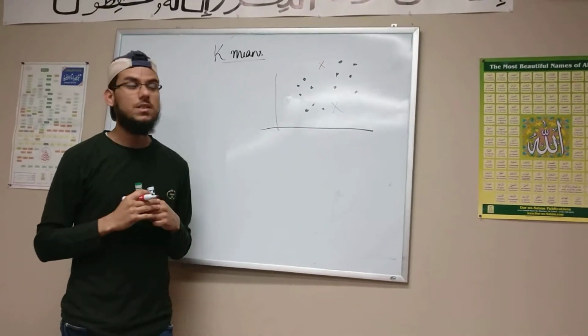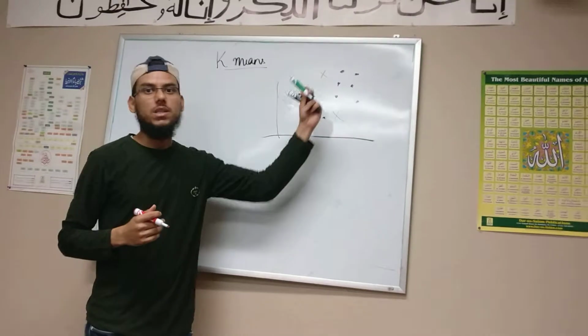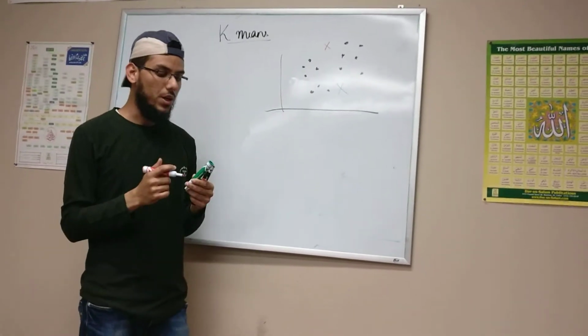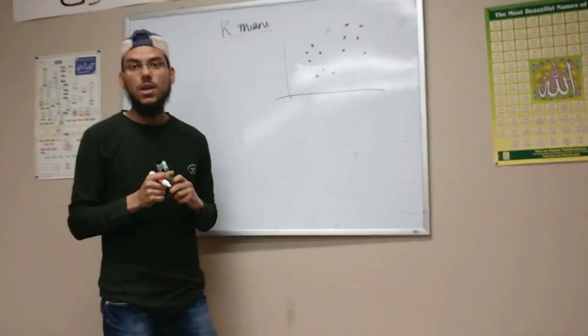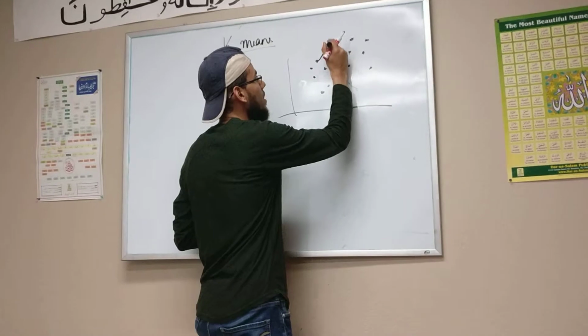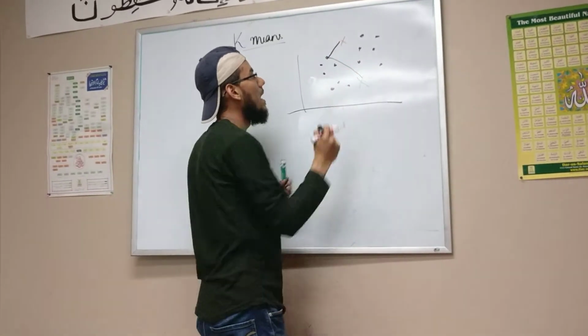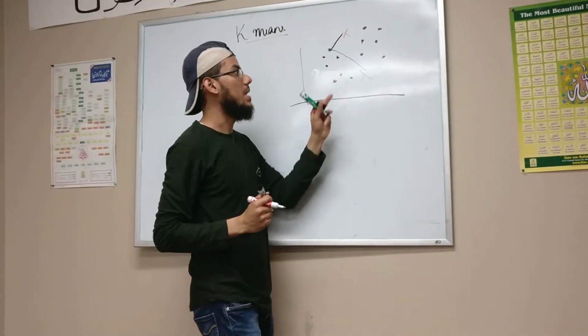In the first step, what we do is we assign each sample point to a centroid. So how do we do that? We calculate the distance of each sample point from each of these centroids, and we assign the sample to the centroid which is closer to this data point.